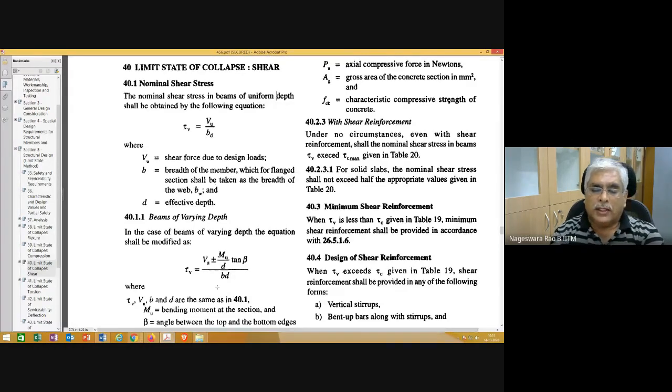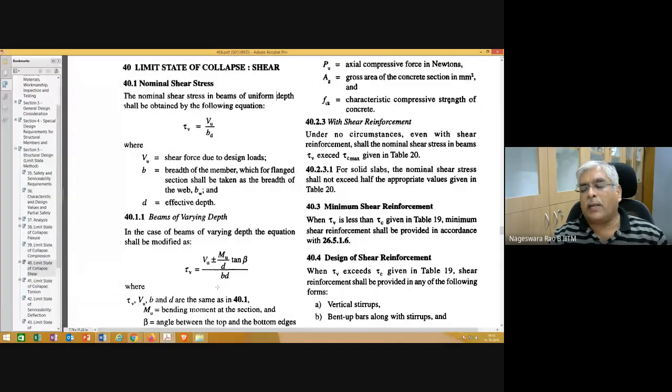Just now I mentioned bending stress f_y is equal to M divided by Z, where Z is the section modulus, given by b d squared divided by 6. You can see bending moment is maximum at the support for a cantilever, and equal to 0 at the tip, the free end. So the depth of the section need not be constant throughout the length of the cantilever.